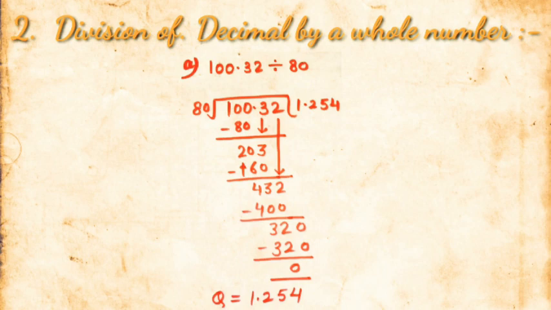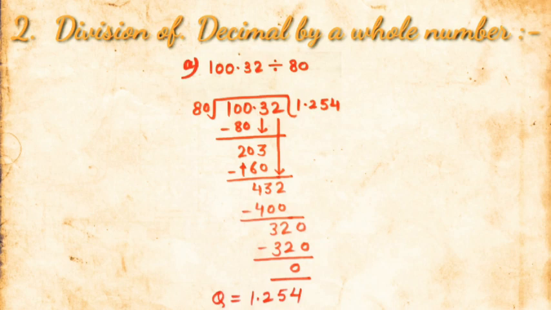So 1 point, right? The decimal will be in the quotient, and with 20, bring the next number down, that is 3. It becomes 203. 80 2s are 160, which is less than 203. 203 minus 160 is 43. Bring the next number down, that is 2. 80 5s are 400.